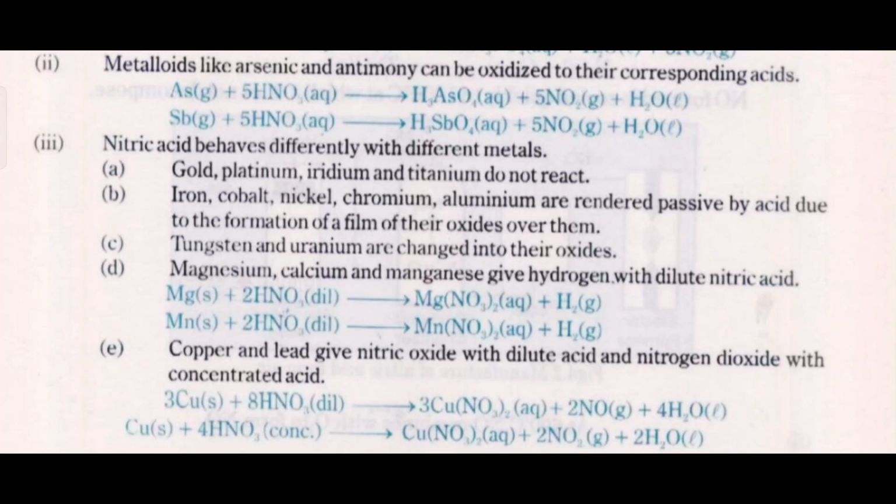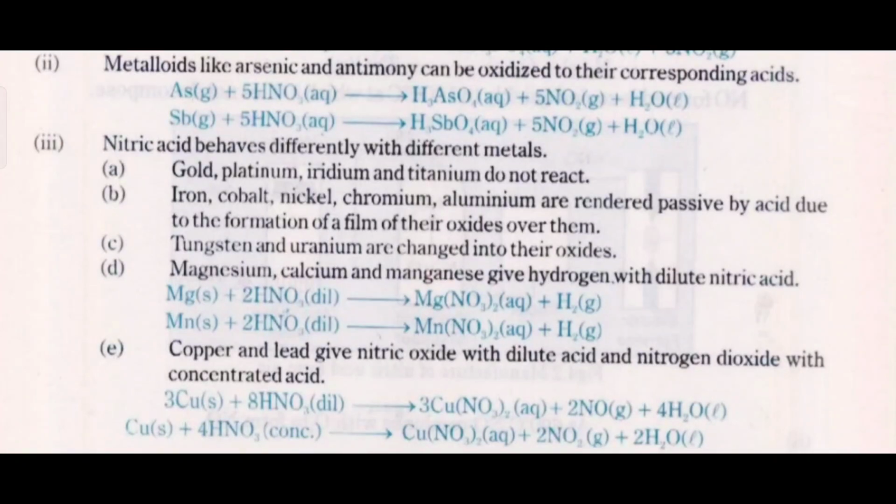If we talk about the chemical properties of nitric acid, nitric acid is an oxidizing substance and it oxidizes nonmetals like carbon, sulfur, phosphorus, iodine, and silicon. Metals like magnesium, manganese, calcium, and copper. The nature of the product depends upon the concentration of acid, temperature of reaction, and nature of metal.